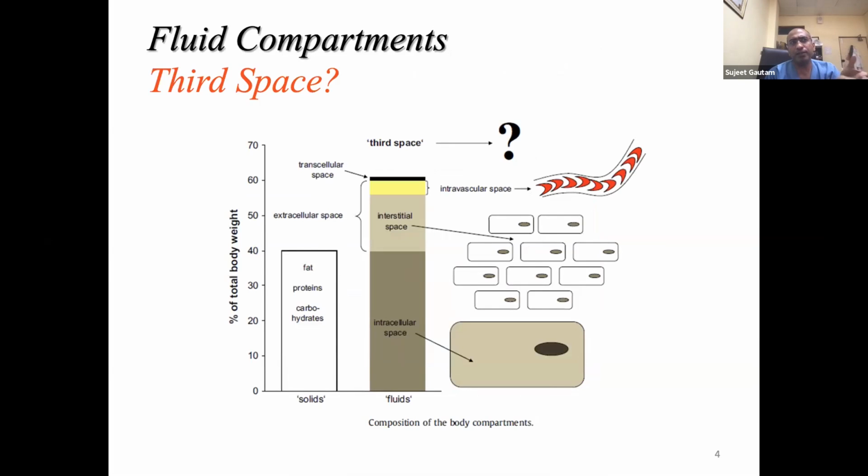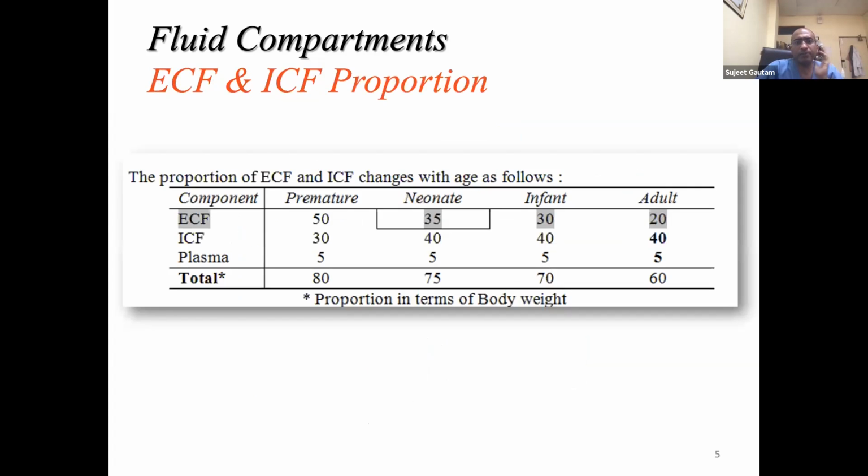It is basically a hypothetical space, said to be formed by fluid accumulating as a result of transudation of fluid from traumatized or inflamed cells. Common examples are fluid collected within the GI tract, or ascites, or pleural effusion. So we'll discuss some more facts regarding this.